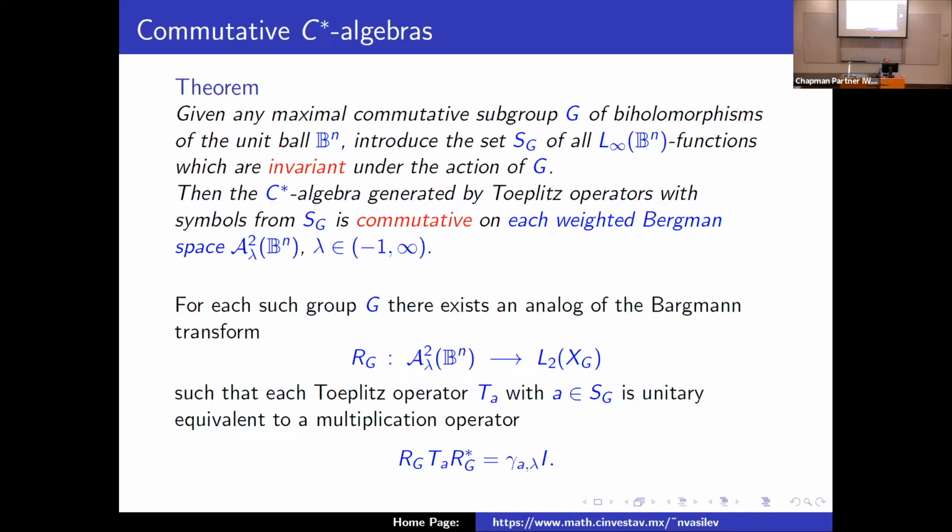What is very interesting and important is that for each such group, there exists an analog of the Bergman transform, a unitary operator, giving a real analysis realization of the Bergman space, such that the Toeplitz operator is unitarily equivalent to some multiplication operator. Everything unitarily equivalent to a multiplication operator obviously commutes. This is one of the ways to prove this algebra is commutative.